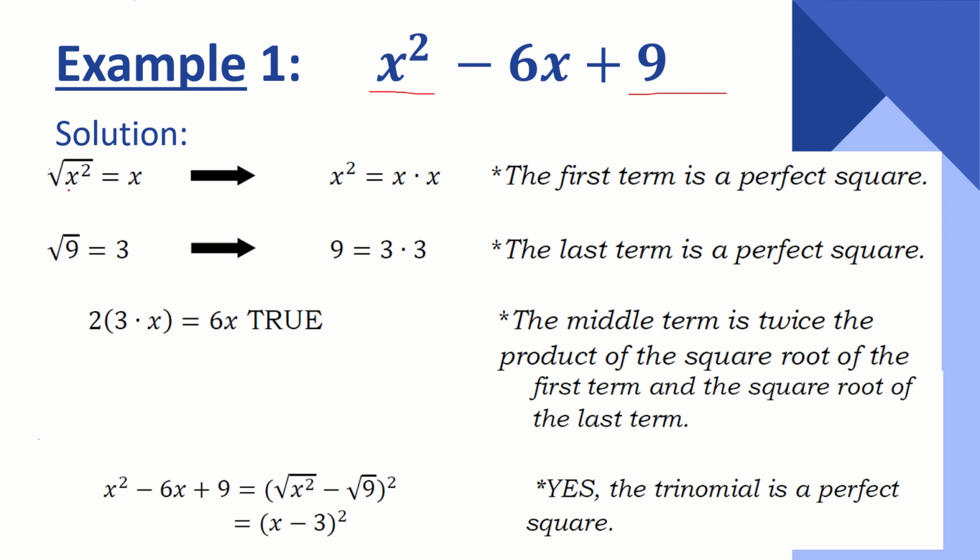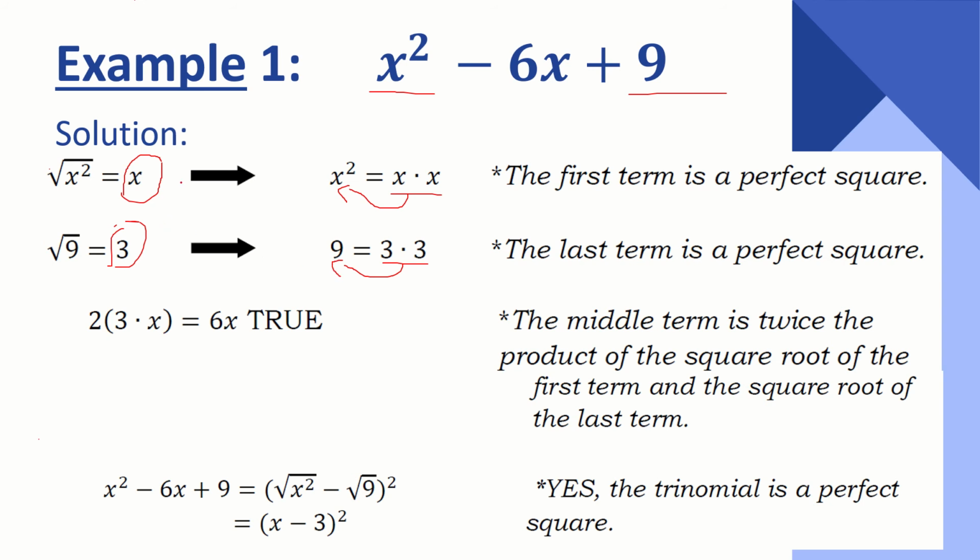So, square root of x squared, ang square root niya is x, right? Kay x times x, it results to x squared. Na square root ni 9, di ba perfect square si 9 or perfect number? So, ang square root ni 9, we have 3, right? Kay 3 times 3 is equal to 9.